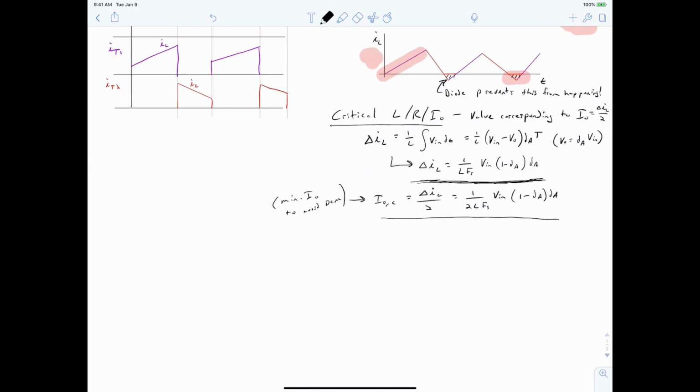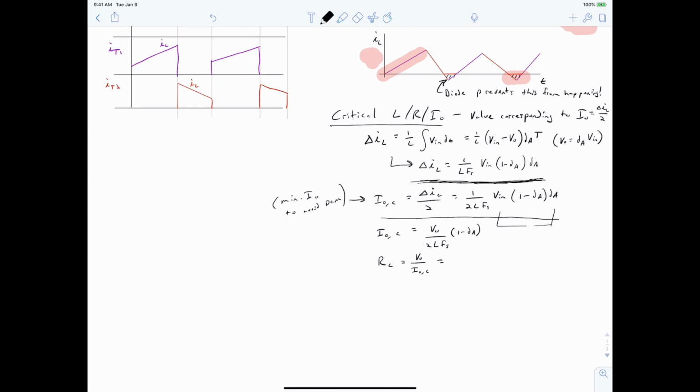And we can also write this expression in terms of our output voltage by just making use of the fact that D_A times Vin is our output voltage. And from here we can derive our critical resistance, which is equal to our output voltage divided by our critical conduction current, our critical output current.